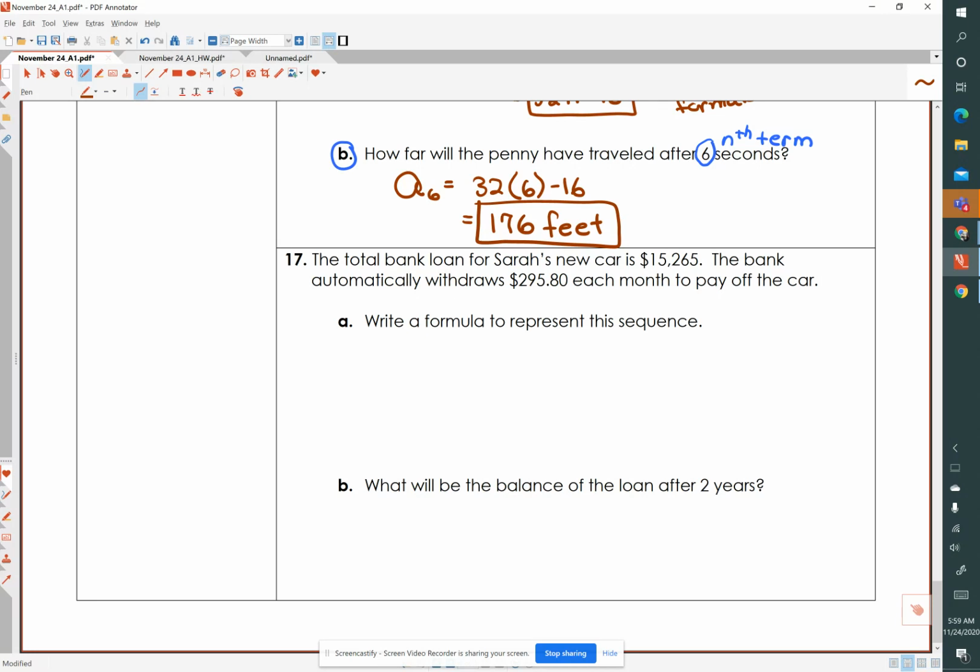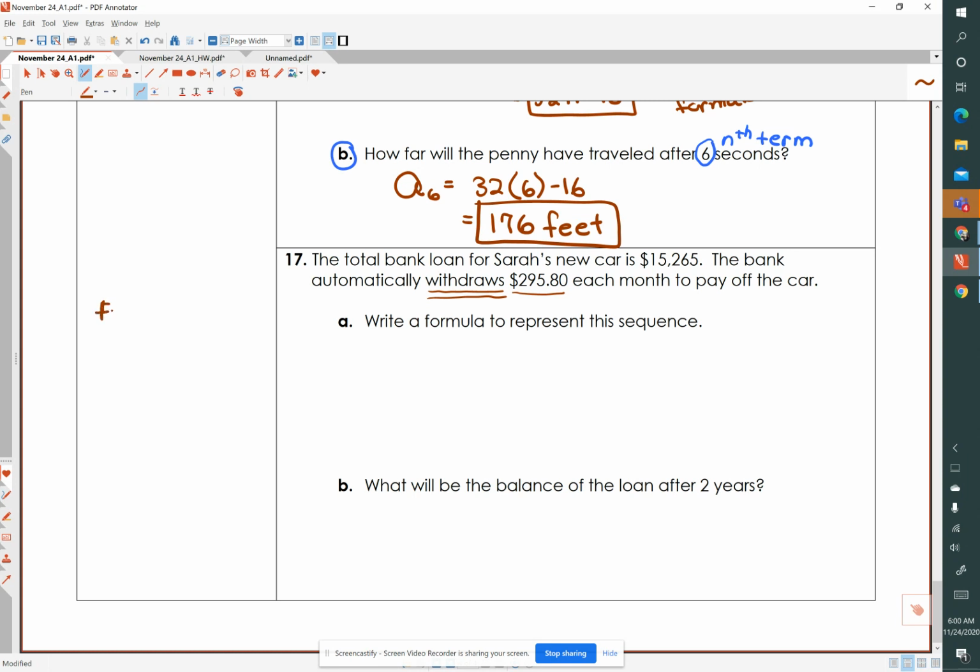So now be very careful with these problems. This is a withdrawal. Because it is a withdrawal, we're going to take this common difference and make it a negative. So our first term, and this is another thing that you have to be careful about.